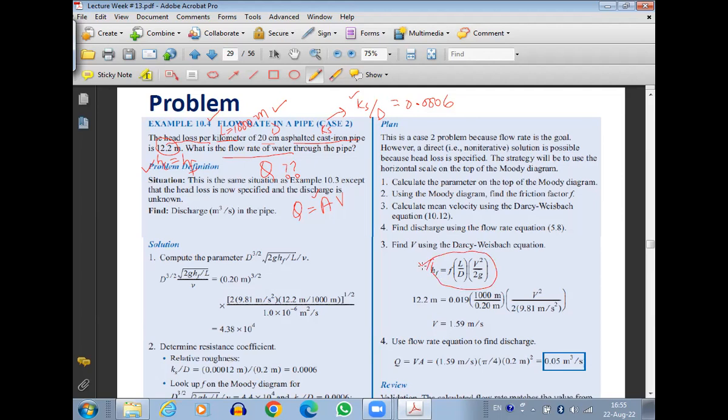Because the head loss is known, length is known, diameter is known, but in this problem friction factor is not known, and velocity is not known. So somehow, if we know the friction factor, then we can use this formula to find out the velocity. And if we know the velocity, then we can use it here to find out Q. So we need to go the other way around.